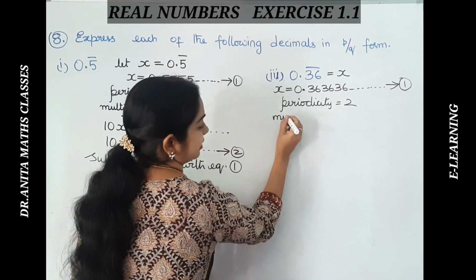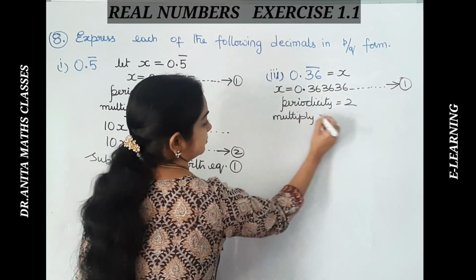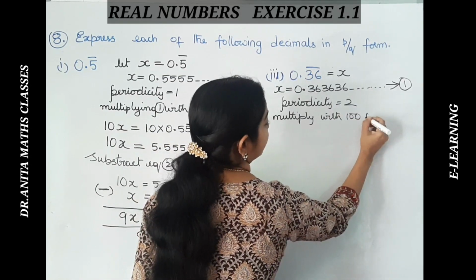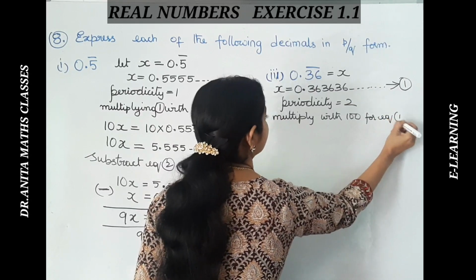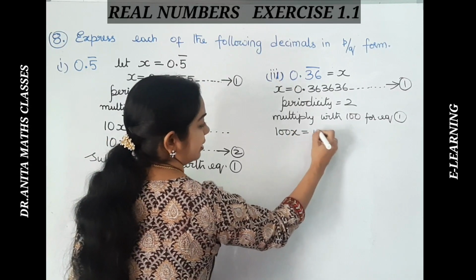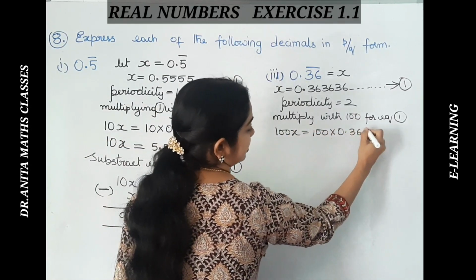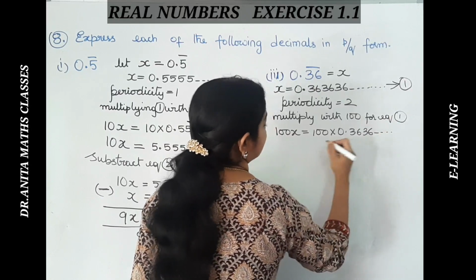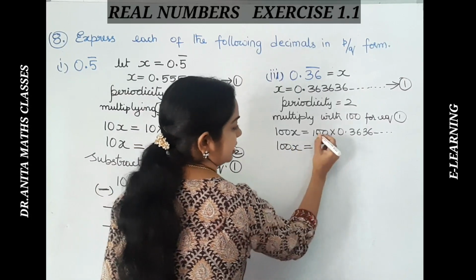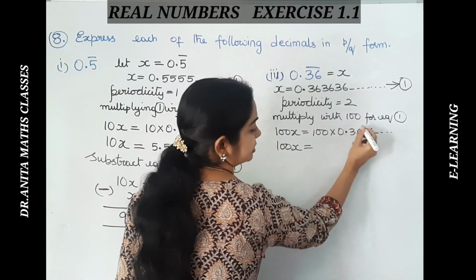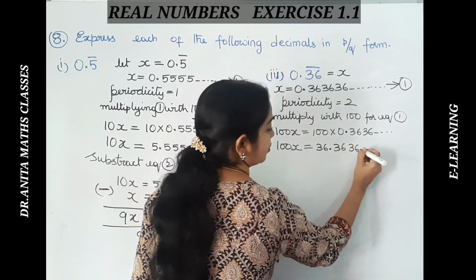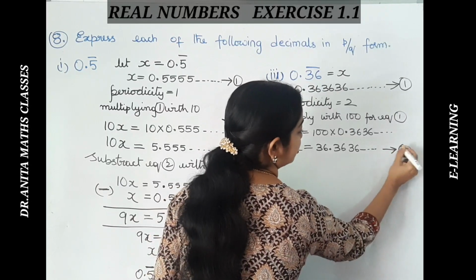Multiplying equation 1 on both sides with 100, that is 100x is equal to 100 into 0.3636 and so on. Multiplying with 100 means the point changes after 2 digits, so this becomes 36.3636 and so on. Let me suppose this as equation 2.